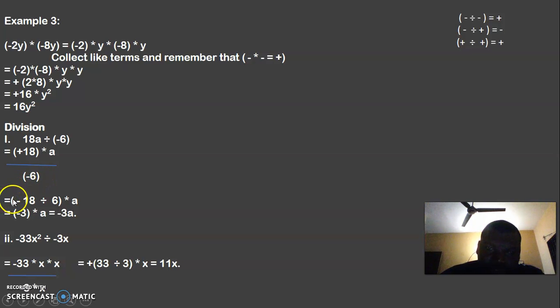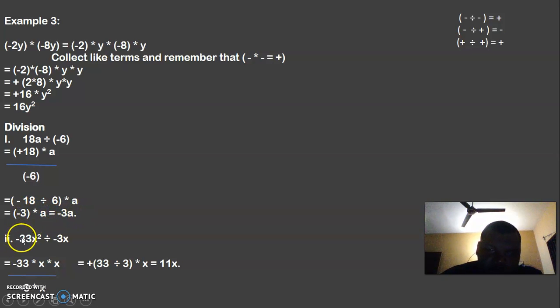So this is equal to minus 18 divided by 6, because plus divided by minus will give us minus. So minus 18 divided by 6 times a. 18 divided by 6 is 3, 3 times 6 is 18. So minus 3 times a gives us minus 3a.